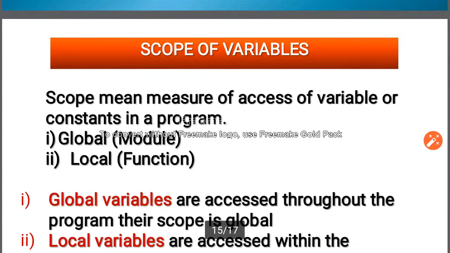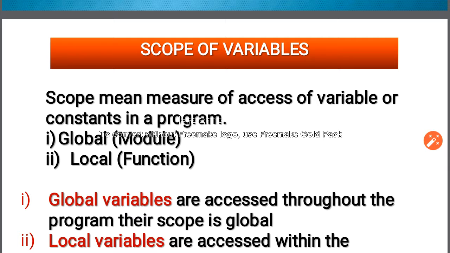Now next is scope of variables. Scope means the measure of access of variables or constants in a program. In a better way, scope is nothing but how far you can use or access that particular variable. What is its limit? That is your scope.